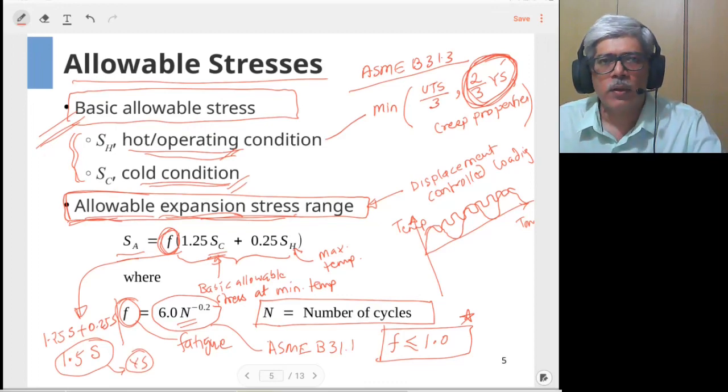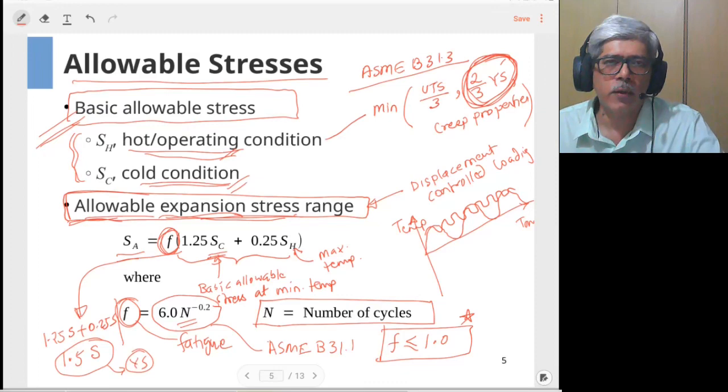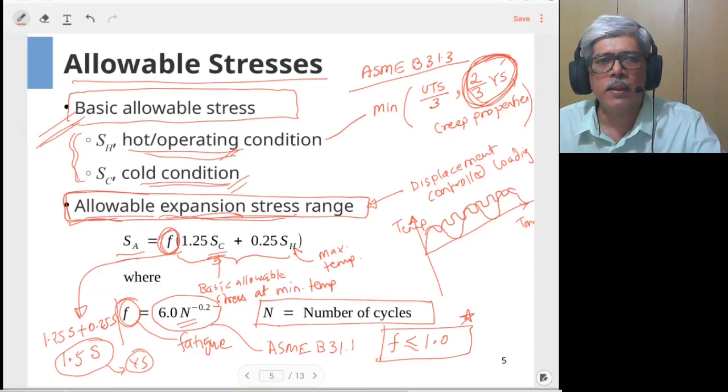Okay, so this is the background using which we understand that to perform piping flexibility analysis, we have to take into account three load cases: sustained, the displacement control loading, and lastly occasional loading. And for each of these cases, there are different allowable stresses.